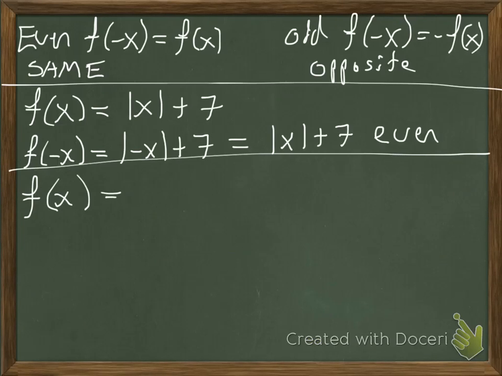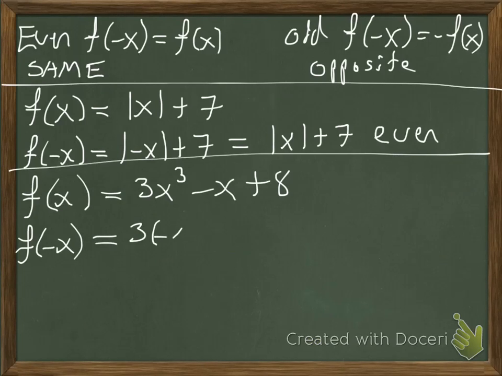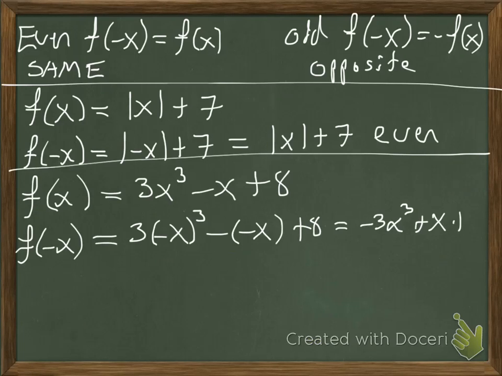Okay. What if we have 3x cubed minus x plus 8? And plugging it in, you just got to be careful about keeping all those negative signs straight. So we got 3 of them in the first one, so we got a negative left over, 2 in the second term, so that's positive.